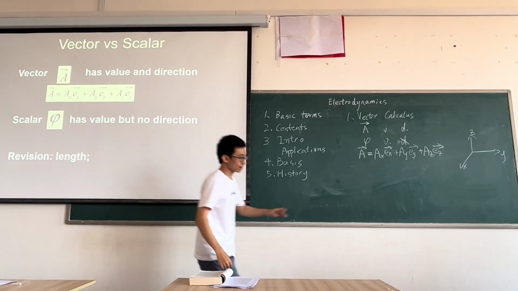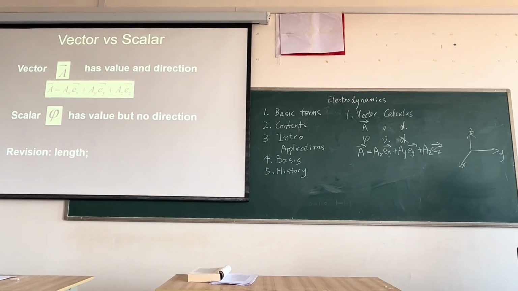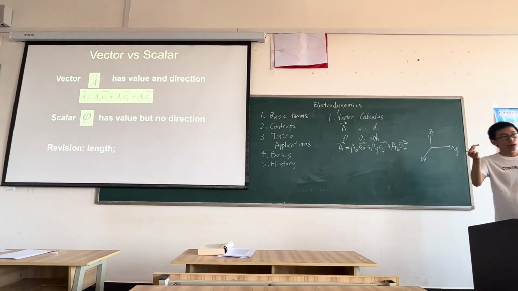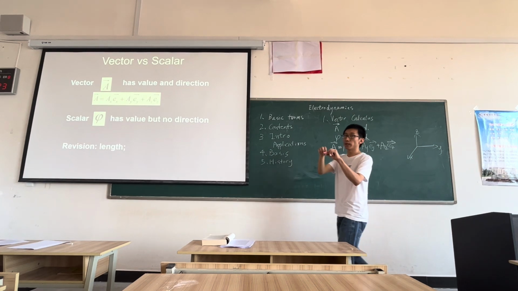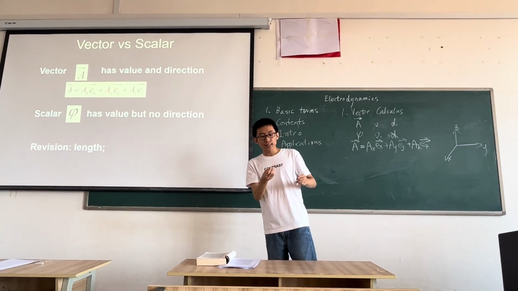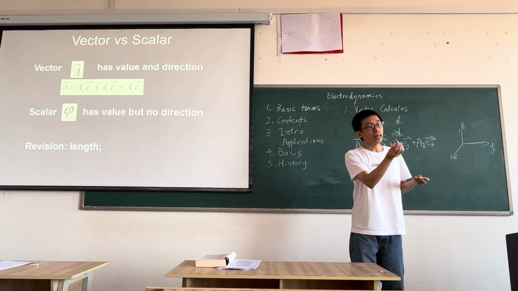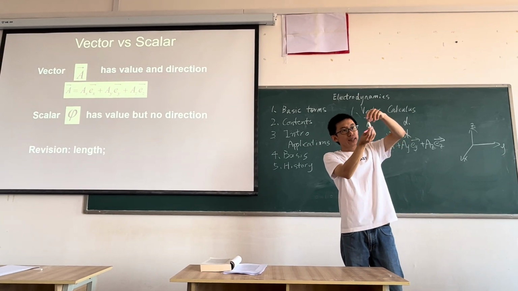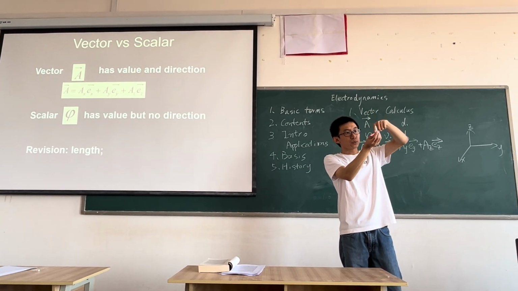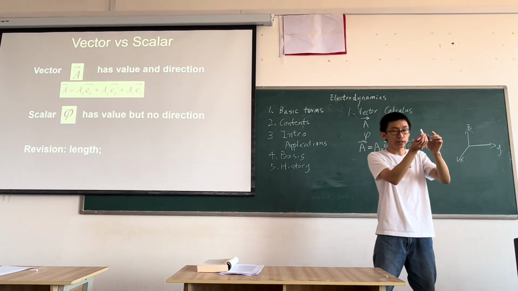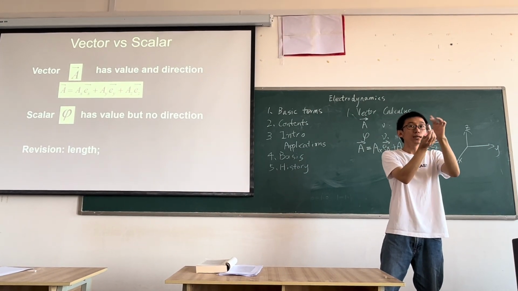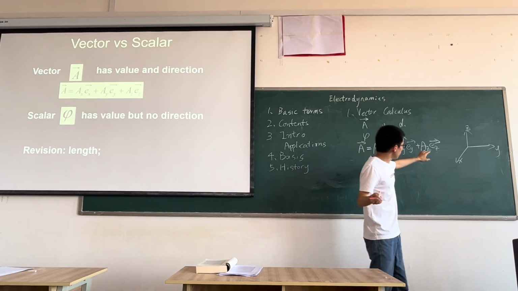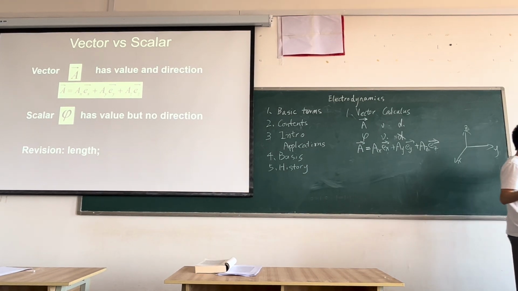We have the X-axis like this, the Y-axis is vertical to the X-axis, and the Z-axis is vertical to both X and Y. These three axes are vertical to each other, and this is called a Cartesian coordinate system.